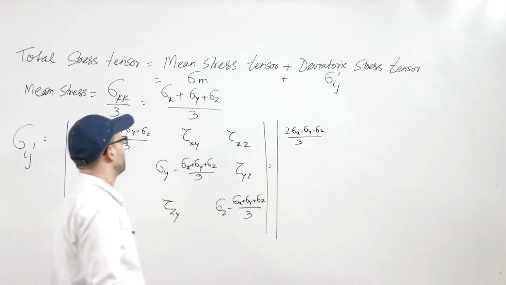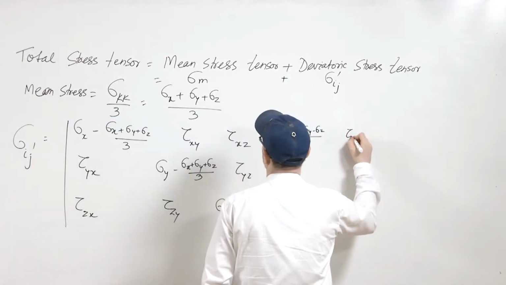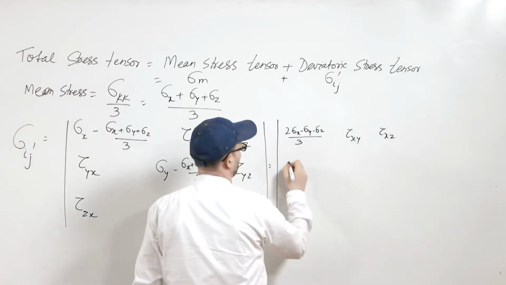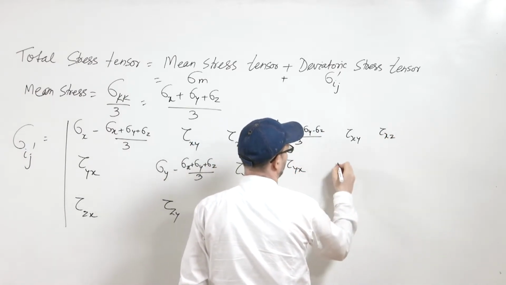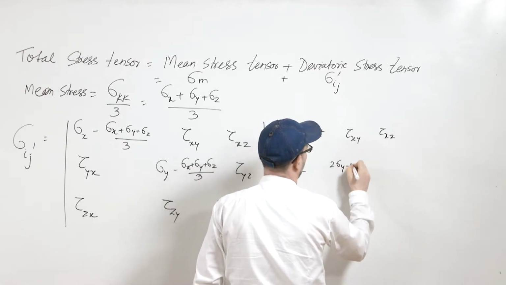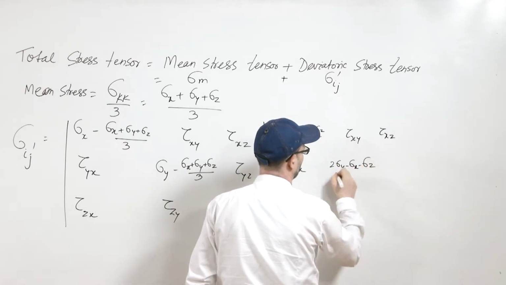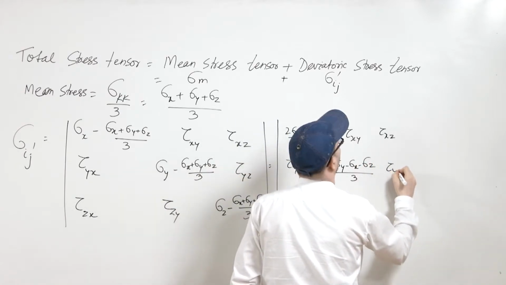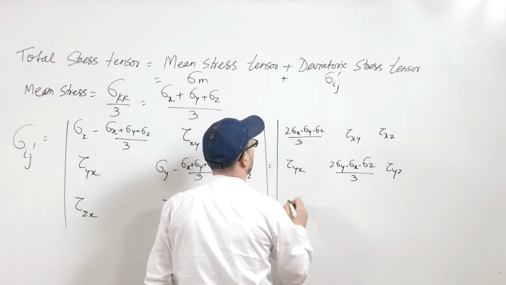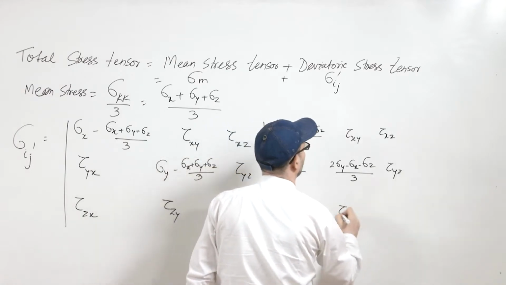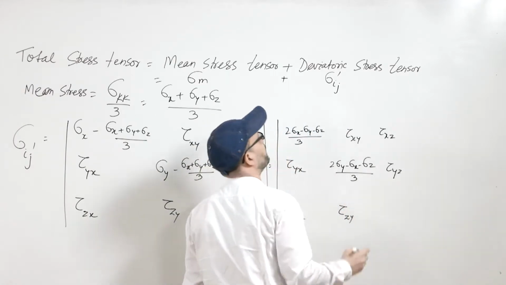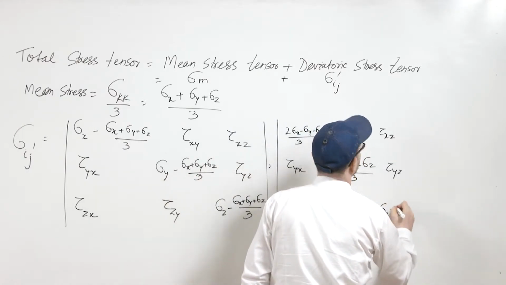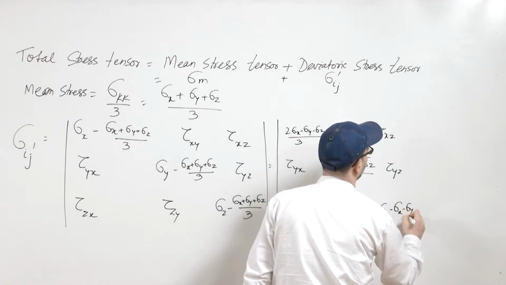Similarly you have tau xy, tau xz, tau yx, then 2 sigma y minus sigma x minus sigma z by 3, and tau yz. Similarly tau zx, tau zy, and then 2 sigma z minus sigma x minus sigma y by 3.